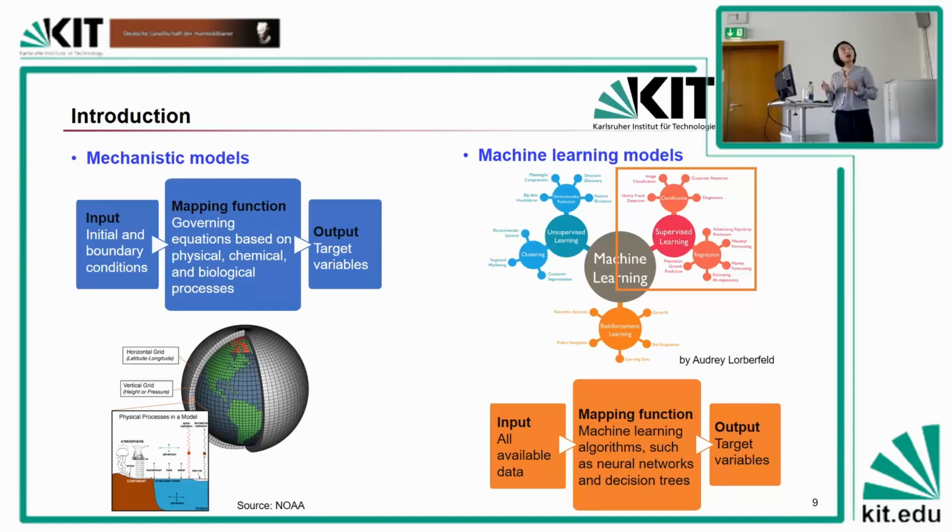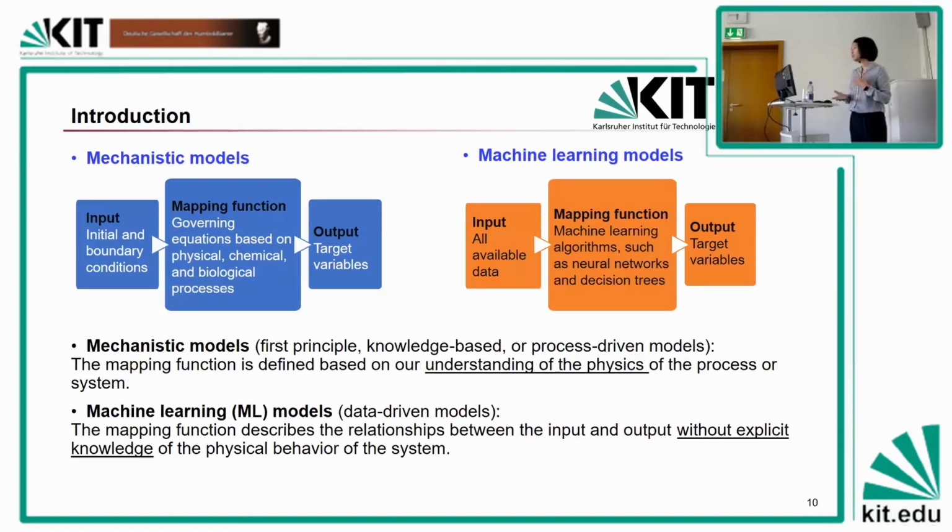And there is another difference: this time when it comes to the input data, you are no longer limited to the initial and boundary conditions. You can actually include any data that's available and that's relevant. So that's the difference between the traditional, so to say, first principle or knowledge-based or process-based model versus machine learning model.